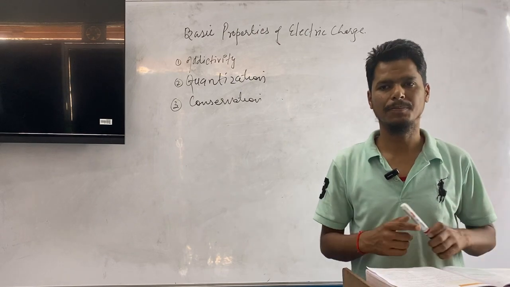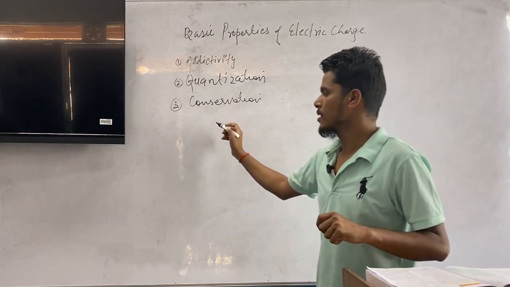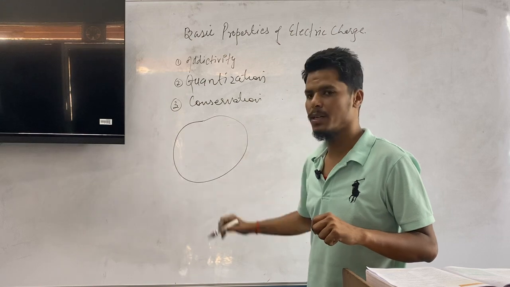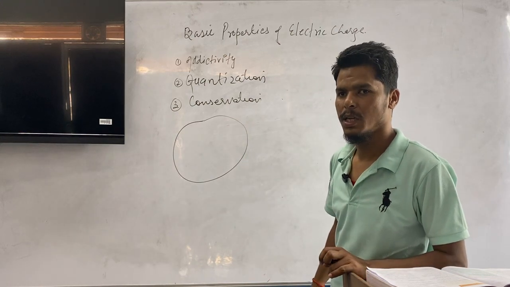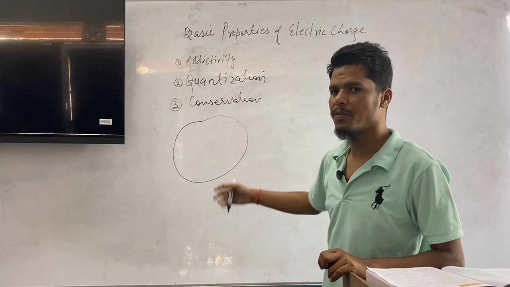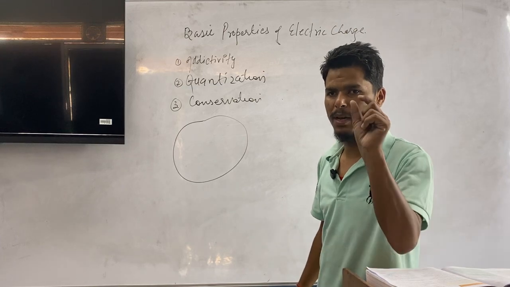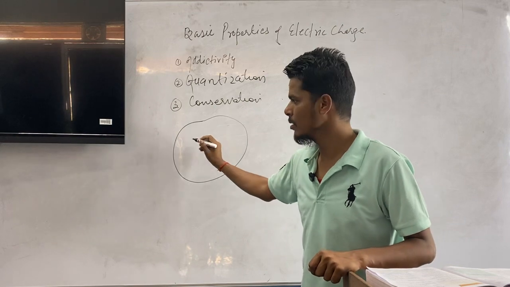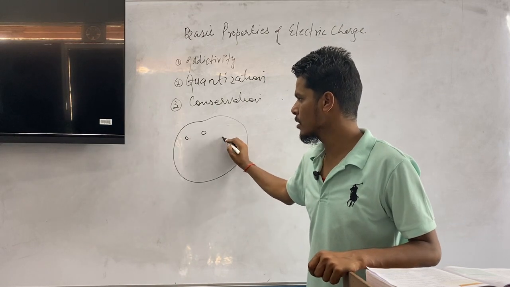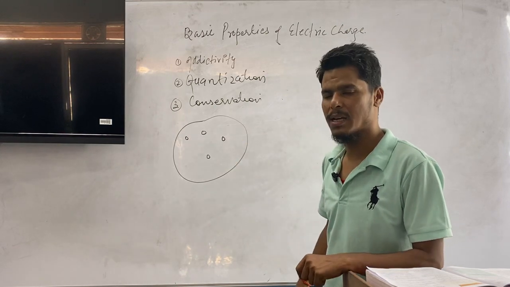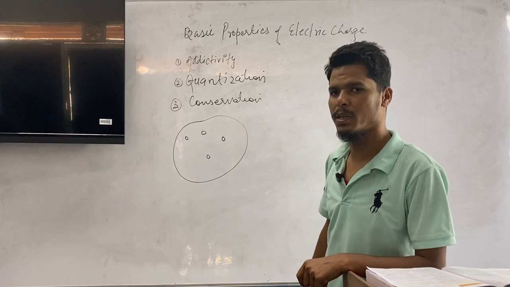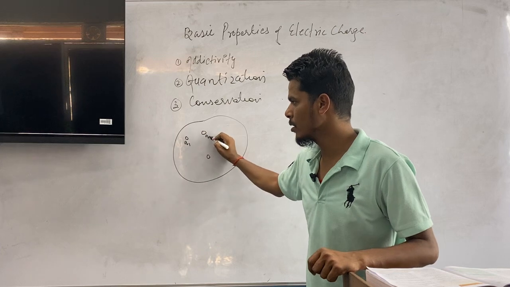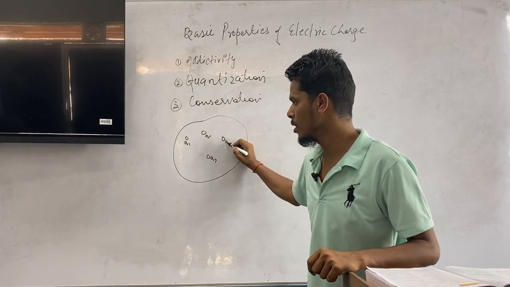Now I will explain. Suppose we have an isolated body. So this is an isolated body. We can consider that it is made of some small masses that we are taking as points. So there are some points inside this isolated body, and each point has a charge Q1, Q2, Q3 and Q4.